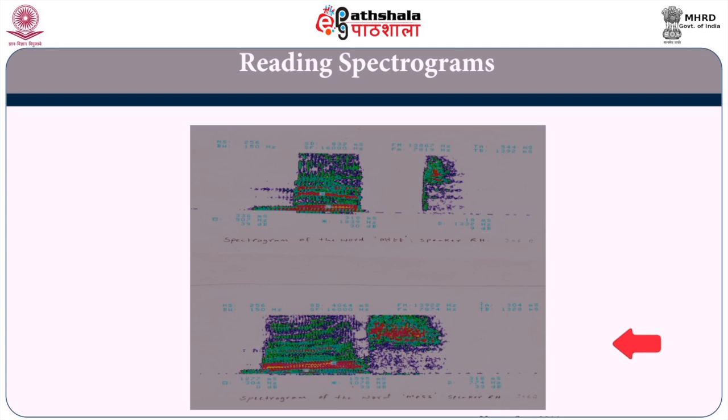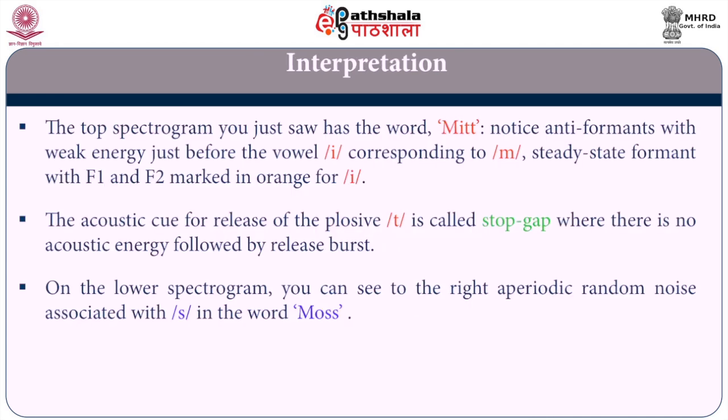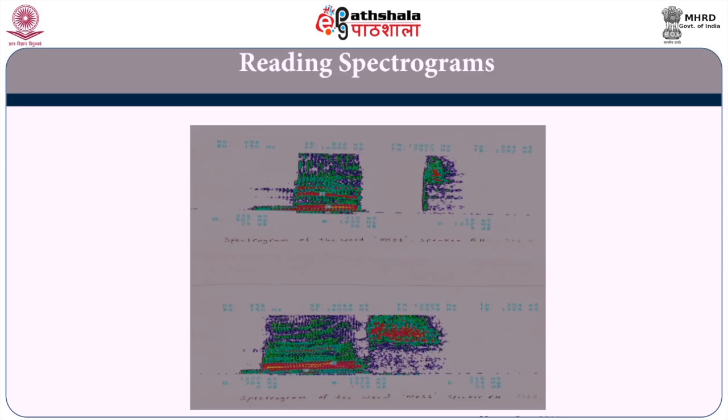So this bottom spectrogram corresponds to the word moss. The acoustic cue which I said, aperiodic noise, is very clearly visible here on the rightmost side of the spectrogram, where you don't see formants at all.